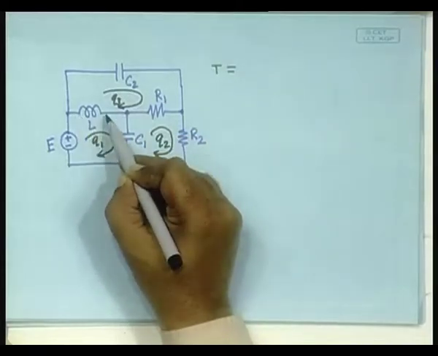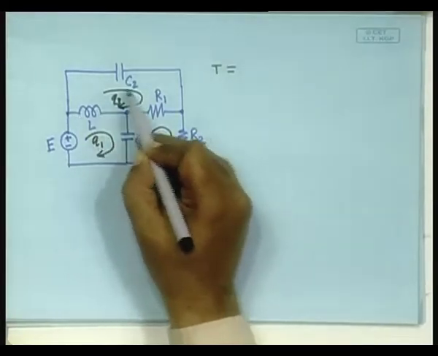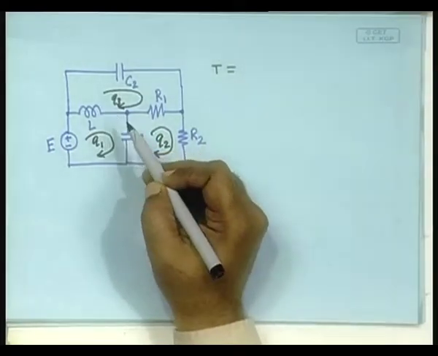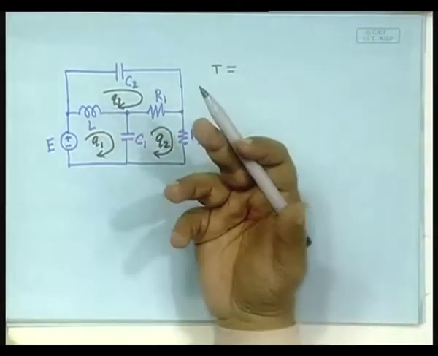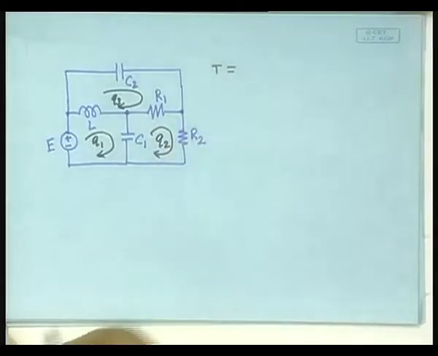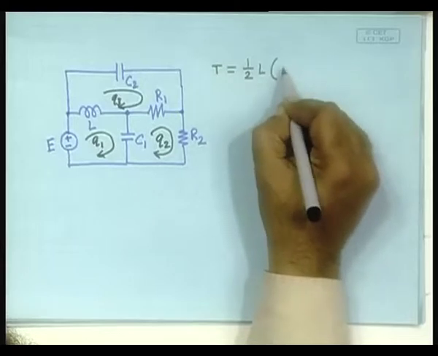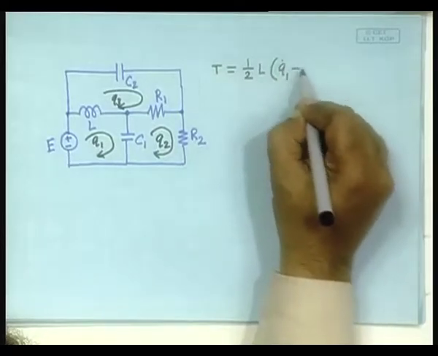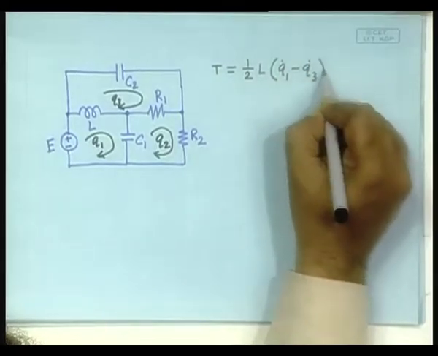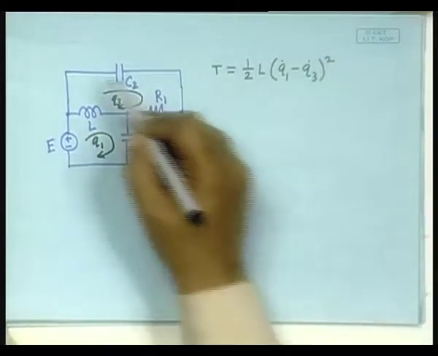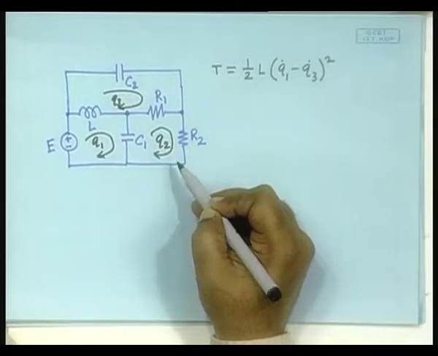Therefore, the current flowing through this is Q1 dot minus Q3 dot. So you have half L (Q1 dot minus Q3 dot) square, and that is the only place where kinetic energy could be stored.